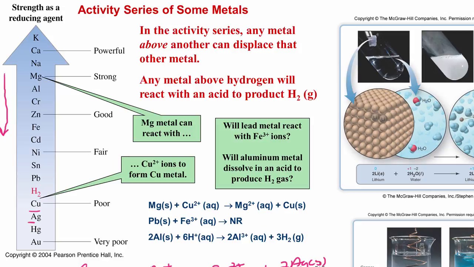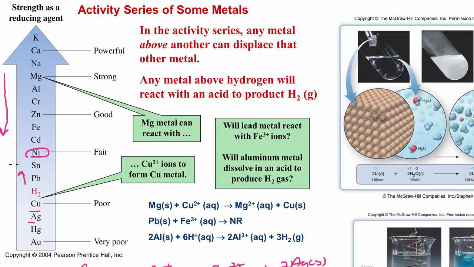Now, metals above the hydrogen in this activity series are able to react with acids to form hydrogen gas. So nickel will react with hydrochloric acid in order to produce hydrogen gas.